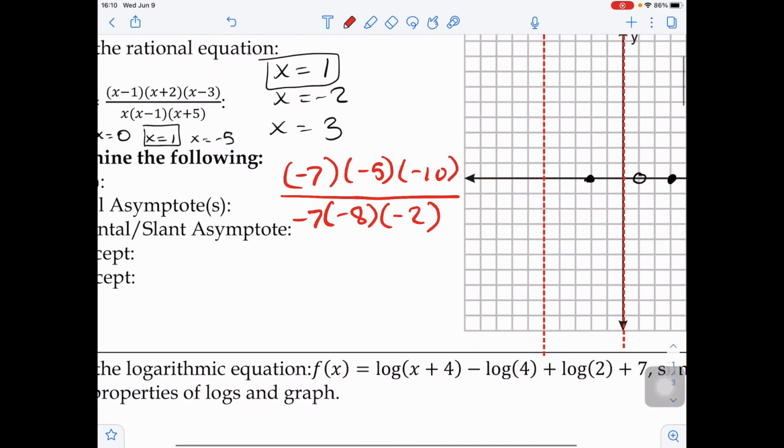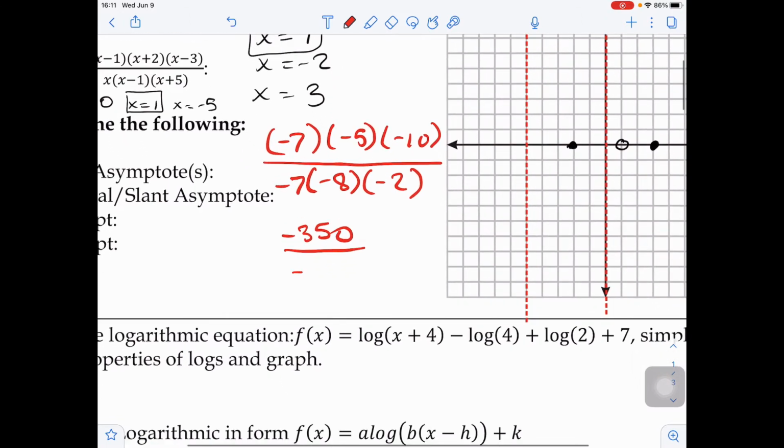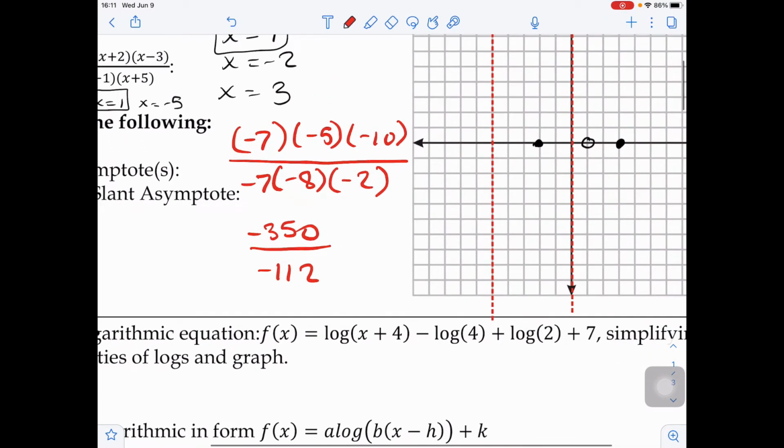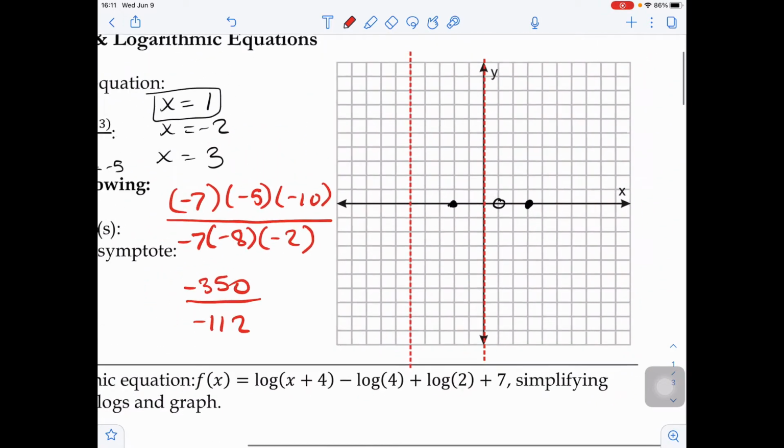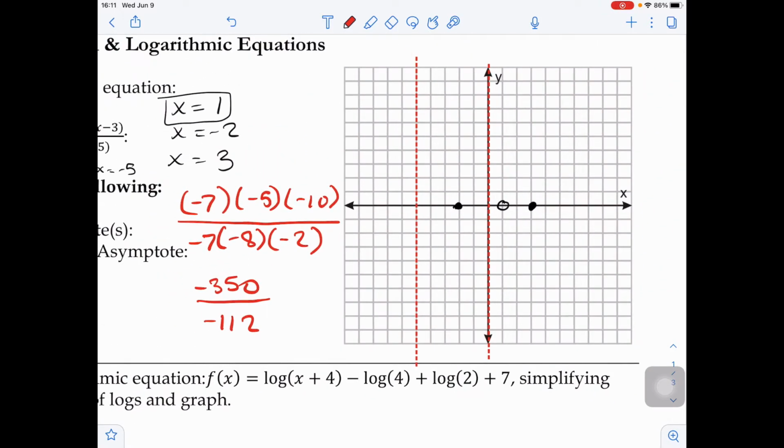So this would be negative 350 over, that would be 56 times negative 2, that would be negative 112. So that would simplify to roughly 3, just a little under 3.